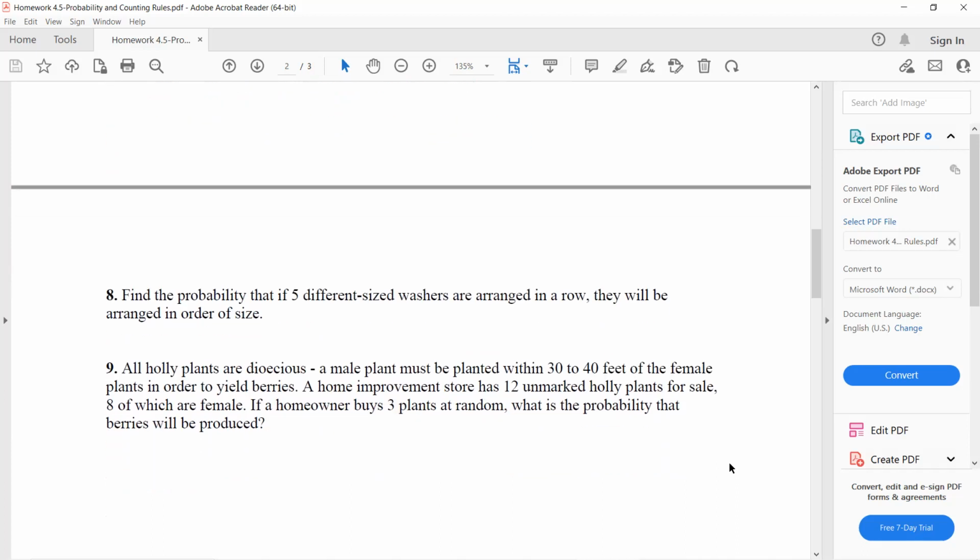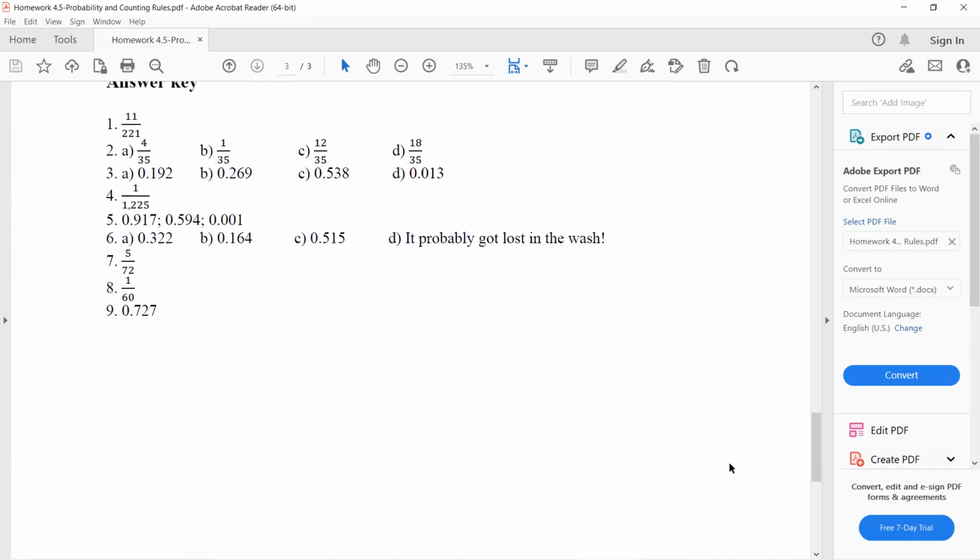Now this is not as hard as it sounds. They're different sizes. There's a couple of ways to approach this problem. I find it easier to do this without combinations, but you can if you want.